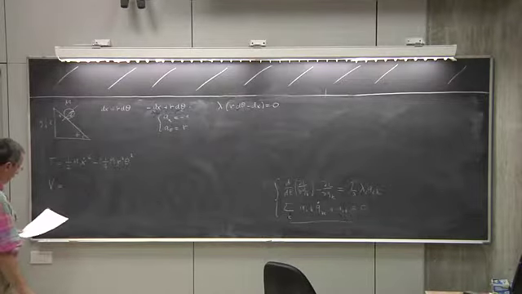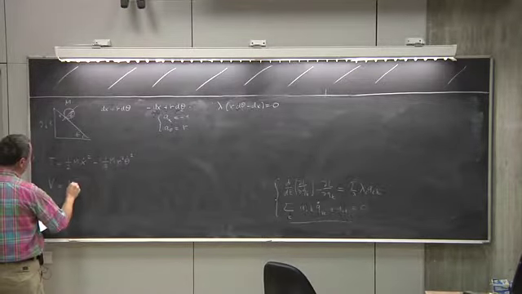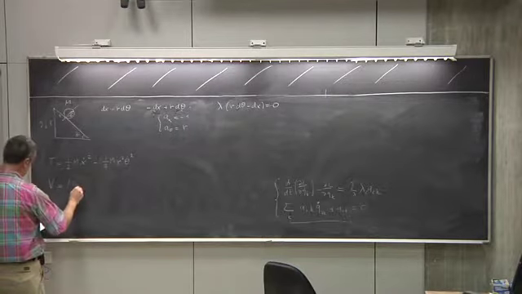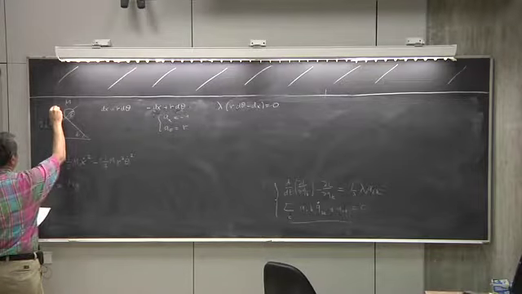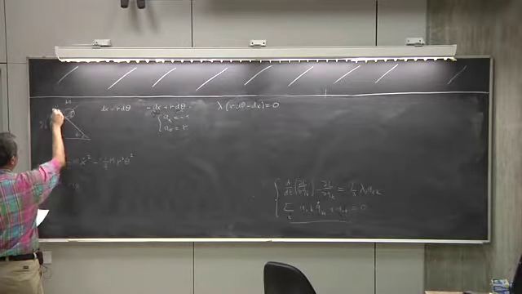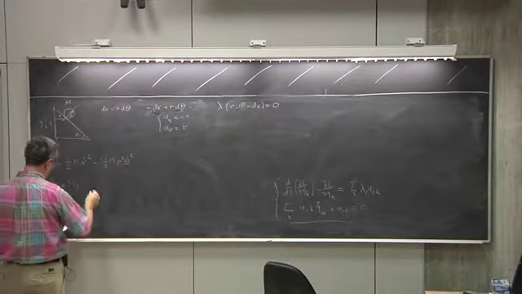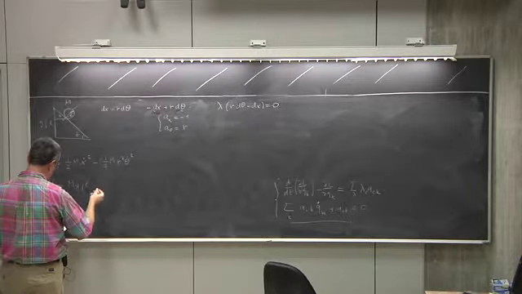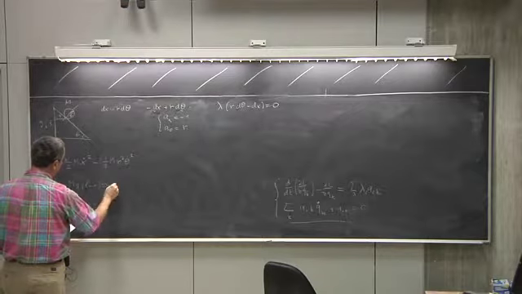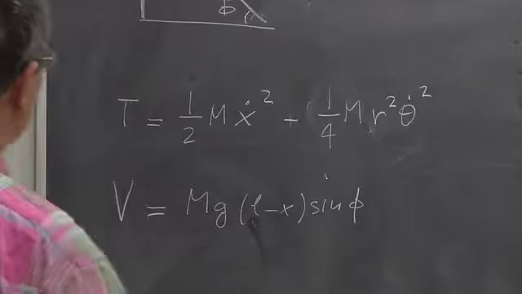Then it is the mass times g, and maybe I start counting from here and go down. So it's x projected on the vertical component. So it's L minus x sine phi. You can always shift by a constant, as I told you many times. So this looks convenient.